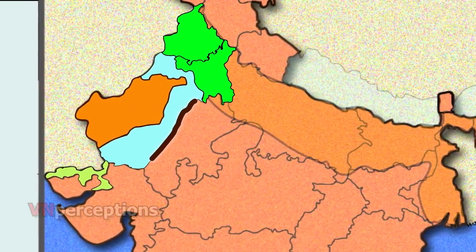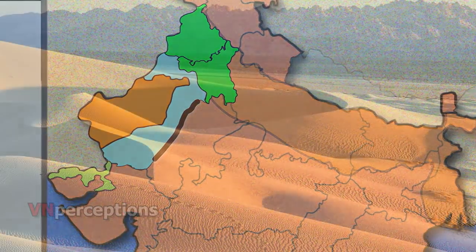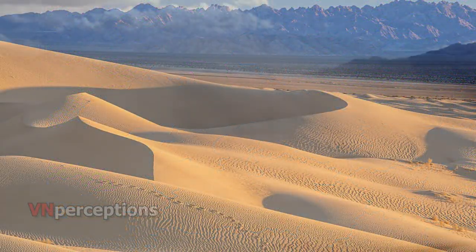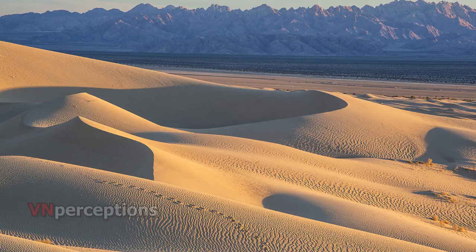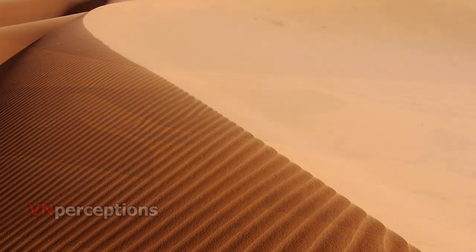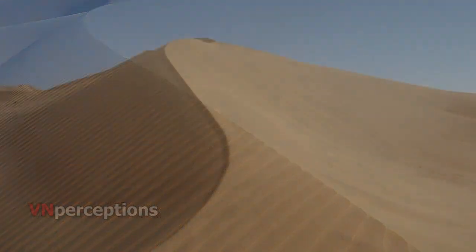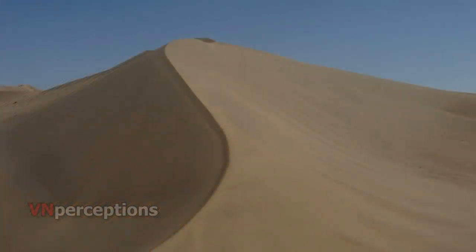This region is characterized by shifting sand dunes, extreme climatic conditions, sparse vegetation, and thin population. The sand dunes are classified as Seif and Barkhan on the basis of their shape, size, and wind direction.